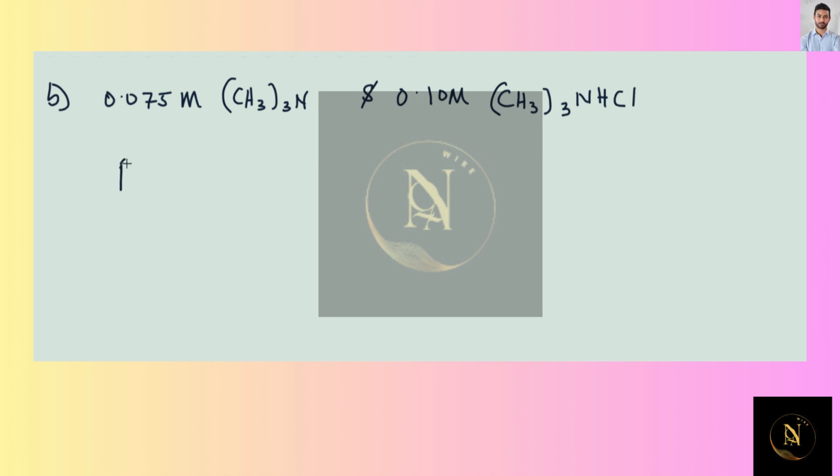In this case, pH is equal to pKa plus log of, and we need to determine which one is the acid and which one is the base.